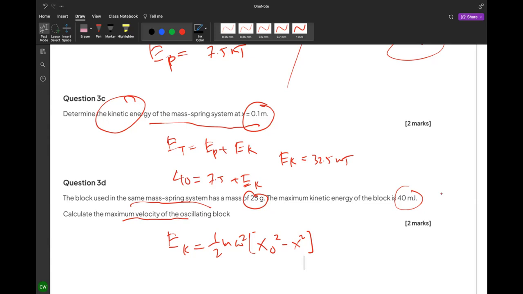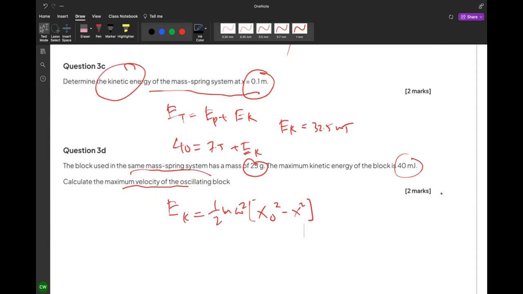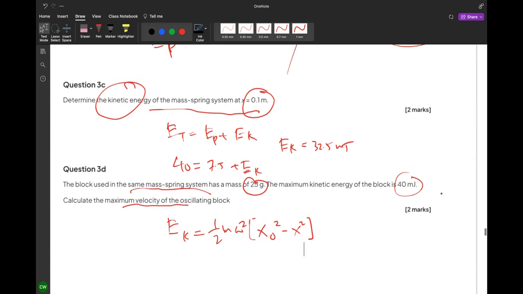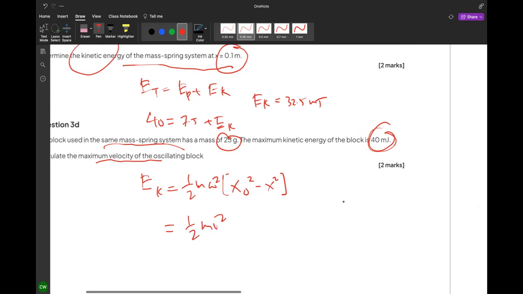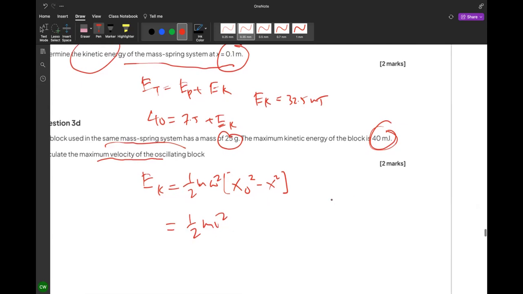Try to get the answer. No need to use this one. It can also be half m v squared. Find the maximum speed. What is the speed? Use the second equation, better.